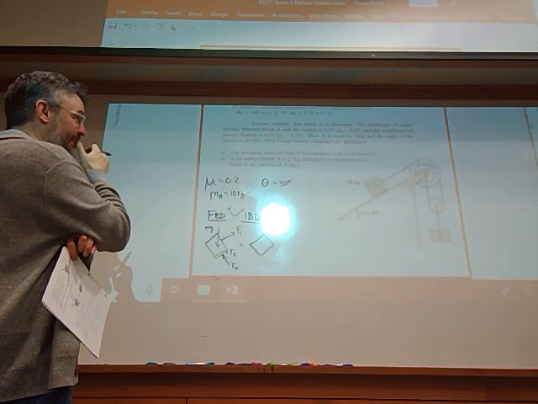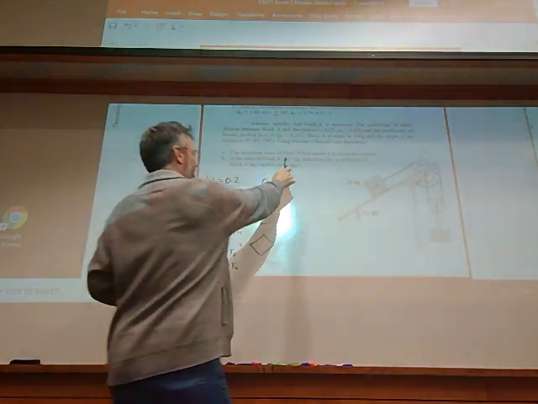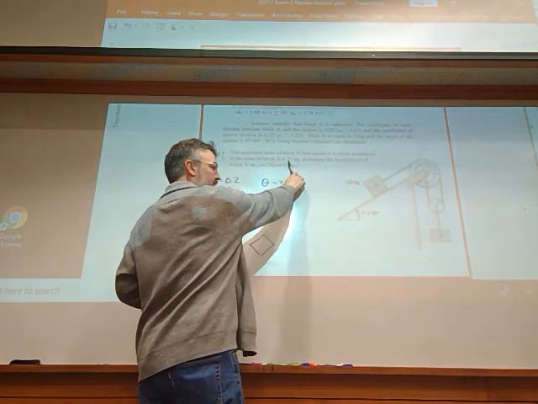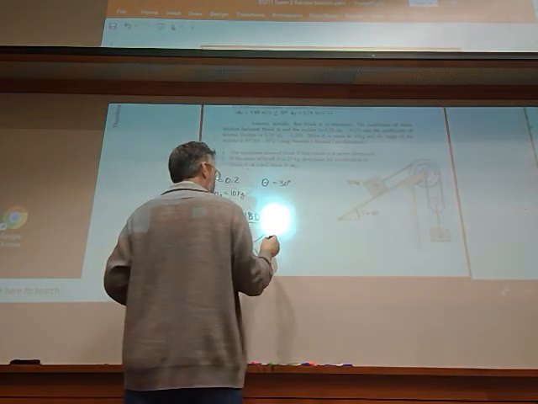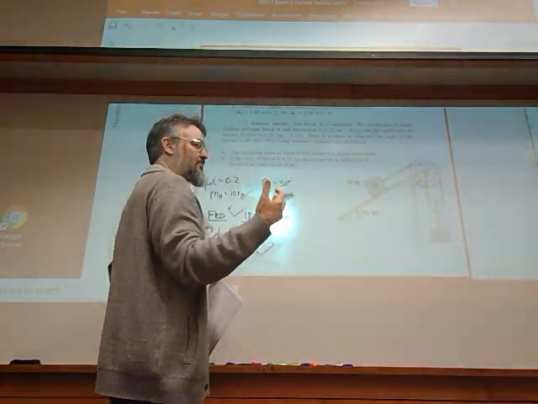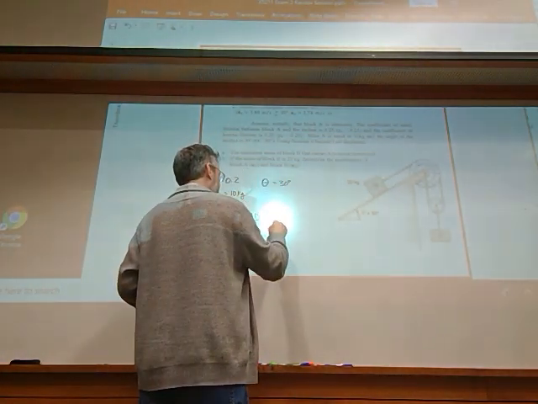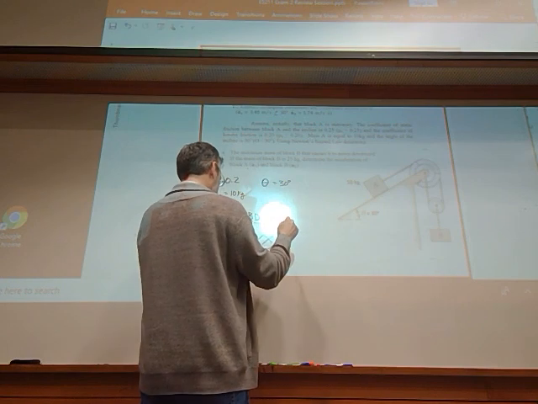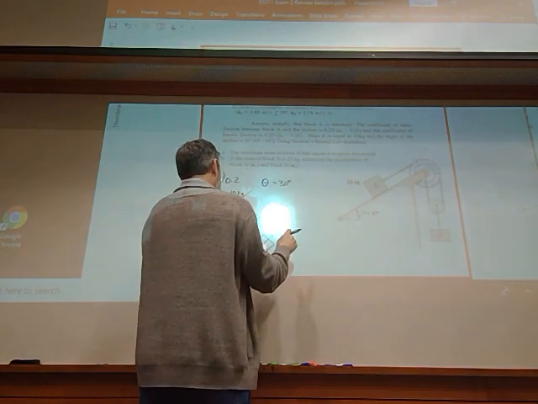The wording of the thing is kind of messed up. Block B could be less than this right here, but for now let's just say that it's going positive, and we'll figure the thing out from there. And so that's going to be MA. It turns out that it's actually going the other direction.